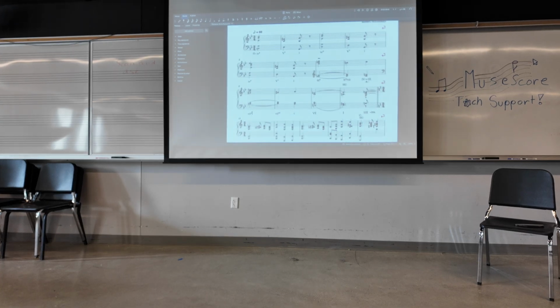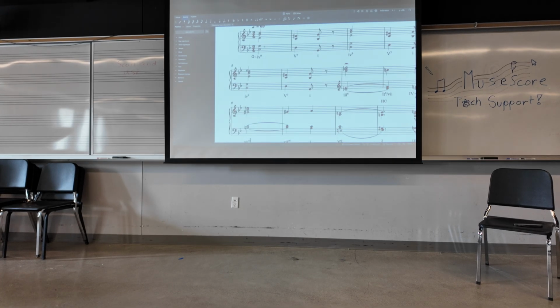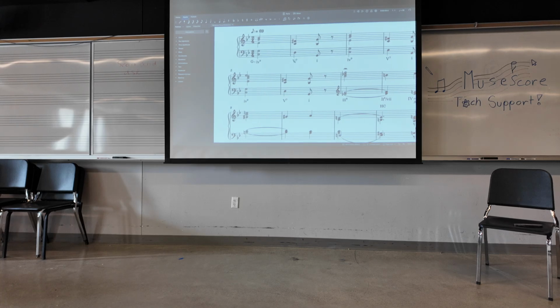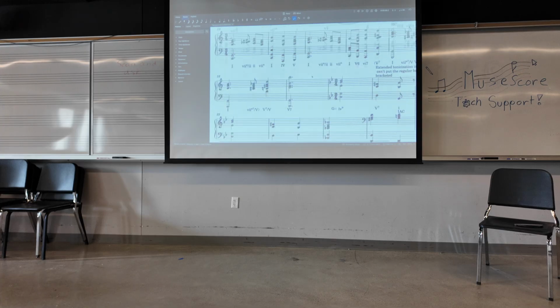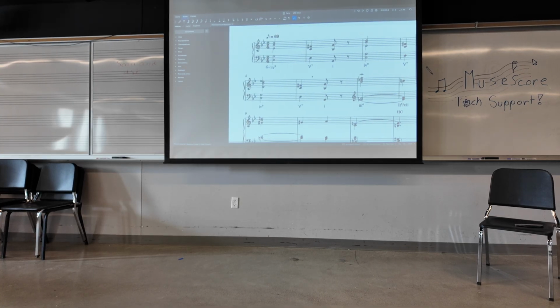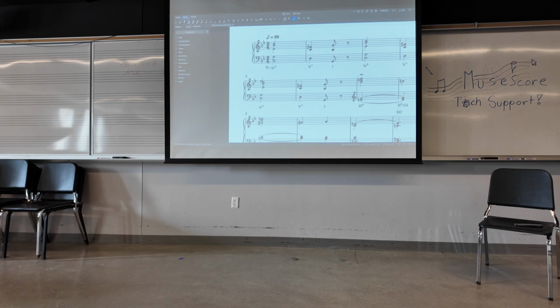I find it easier just to get it all done in one program. As you can see, I've got Roman numerals under all of these chords. To get this, you select where you want it, go to add text, and underneath it's Roman numeral analysis.